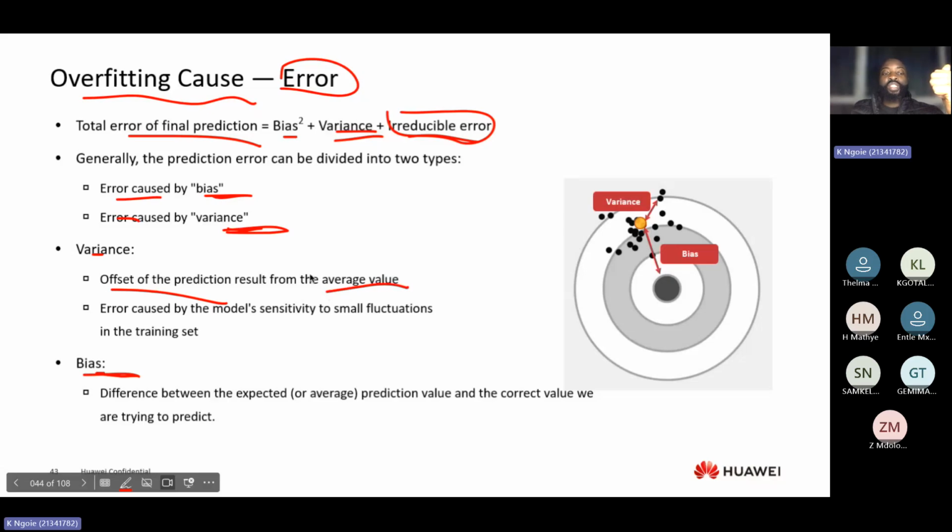These can be errors caused by the model's sensitivity to small fluctuations in the training set. So if there are a few changes in the training set, we can have those problems. An example I can give you is when you are dealing with data. That's why, when we talk about deep learning, or as we continue with machine learning, we will talk about what we call normalizers. An example can be you want to look at your features. You have the height of the person.